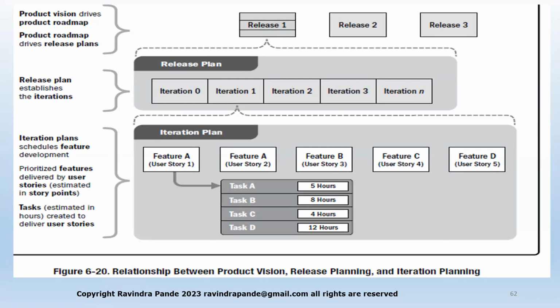So my release might be my big milestone. My iteration complete or the sprint complete might be another milestone. You can call it a smaller milestone, and then I have the tasks which are planned. So for one iteration, I might have these 5 tasks A, B, C, D, or I might have some more tasks or fewer tasks depending on my project. We're going to do this practically.